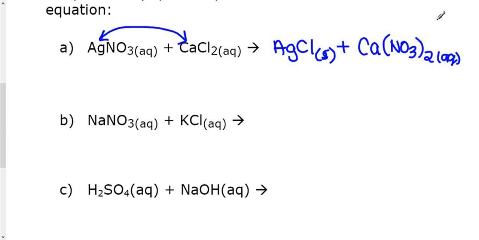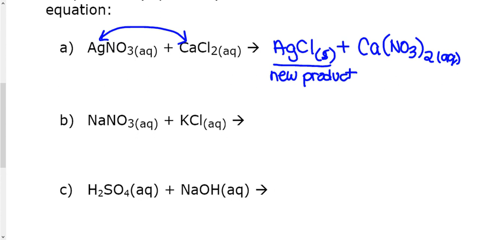So now when we take a look, is the reaction happening? Definitely. This here is our new product. We have a precipitate. So since we have a new product, we know this reaction is possible, and now we want to make sure our reaction is balanced.